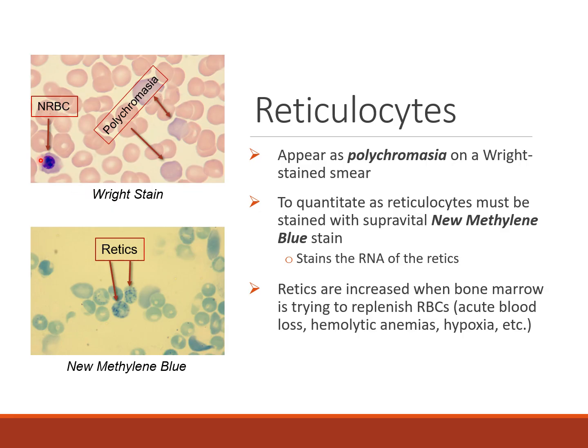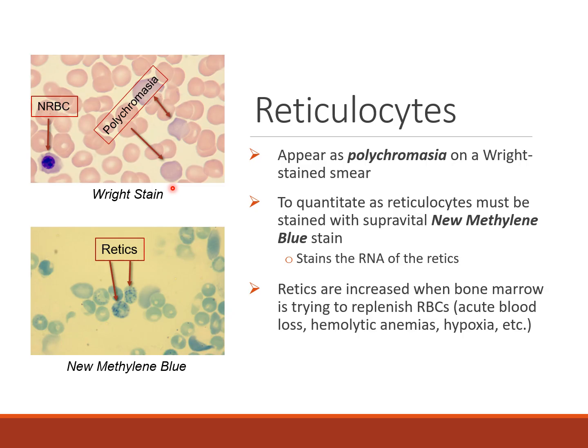And then here we have a metarubricite, which is also called a nucleated red blood cell when we're reading our slide. To quantitate a reticulocyte, if a physician specifically orders a reticulocyte count, we can't base our count on polychromasia. We actually have to go in and stain our slide with new methylene blue.